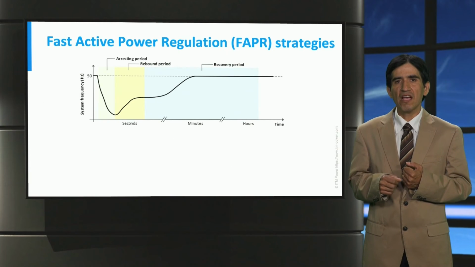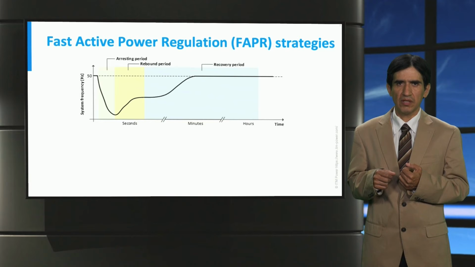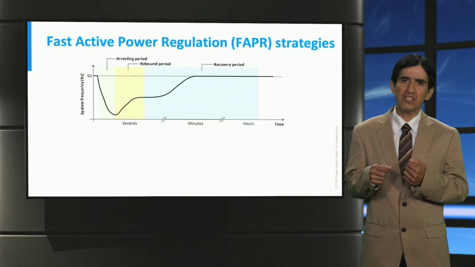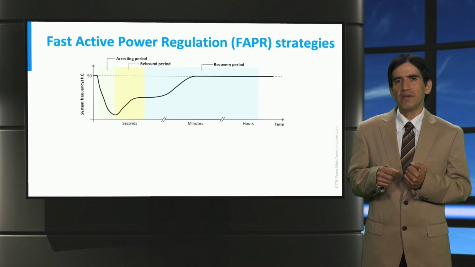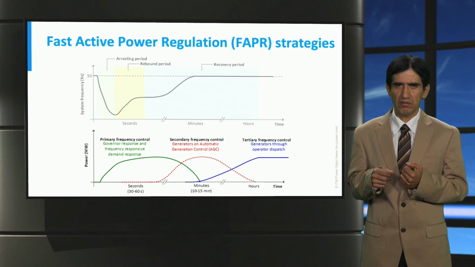Now, let's proceed to the fast active power regulation. Special fast active power regulation strategies are essential to enable stability support by electrolyzers. The main goal of implementing fast active power regulation is to mitigate unacceptable frequency excursions from the desired nominal frequency value.